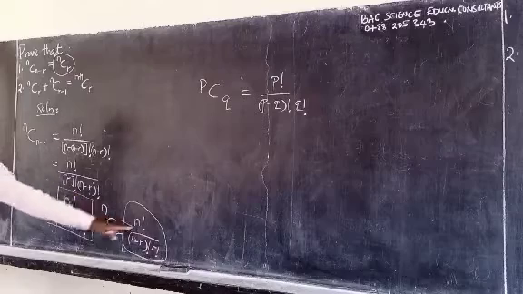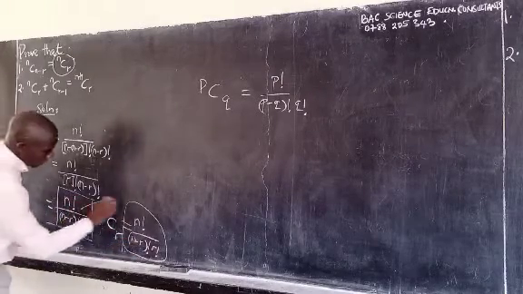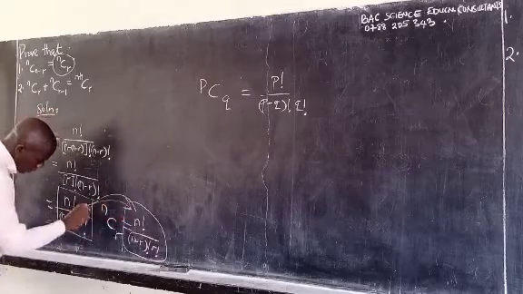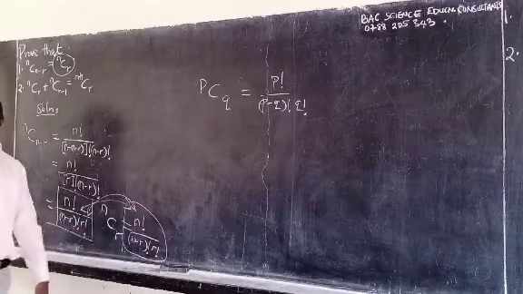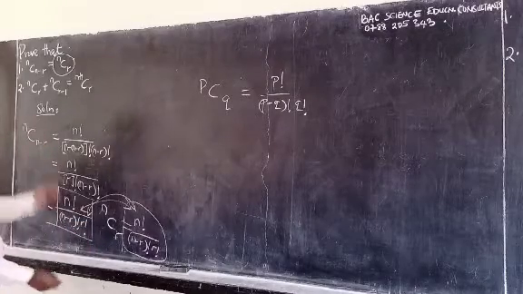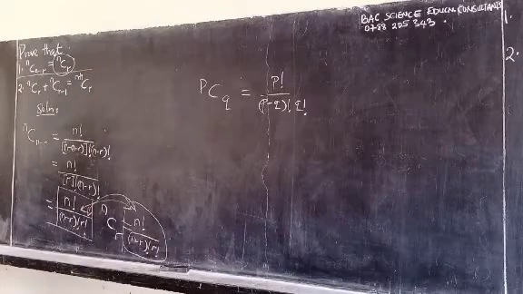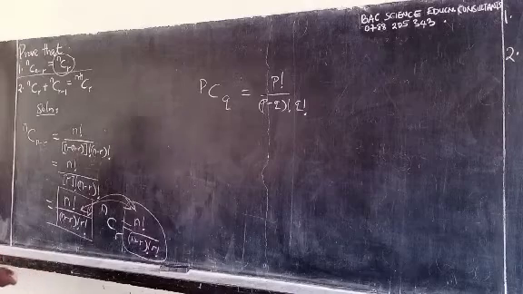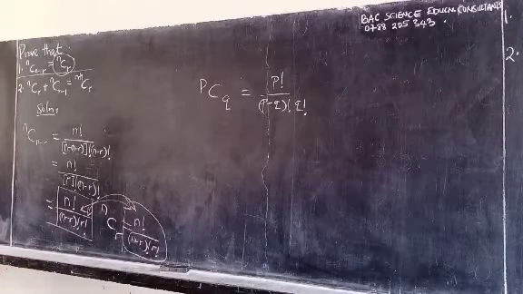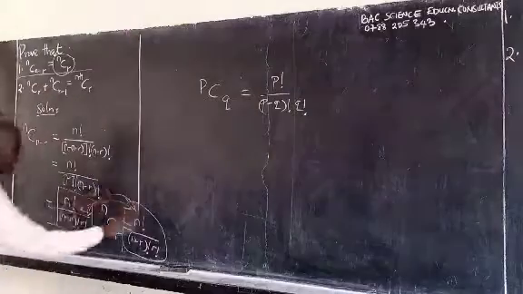N factorial out of n minus r factorial, then r factorial. Since me is you, then you is me. And since we are the same, then we have proved it. So therefore, n combination n minus r is equivalent to n combination r. We have convinced ourselves.